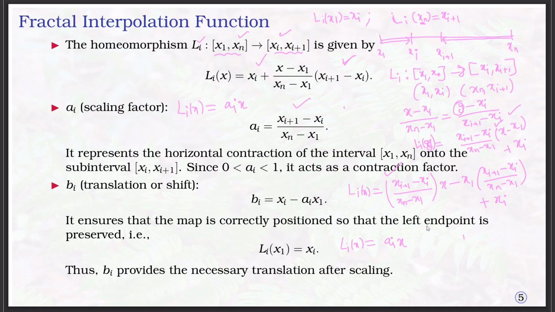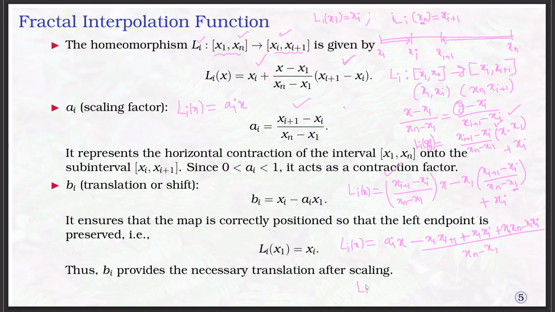If you are finding here, you can cross multiply this term with here and the common denominator you can multiply this term inside. So, one can get minus x1 xi plus 1 minus x1 xi plus, if you are multiplying this one, xi xn and minus x1 xi over xn minus x1.